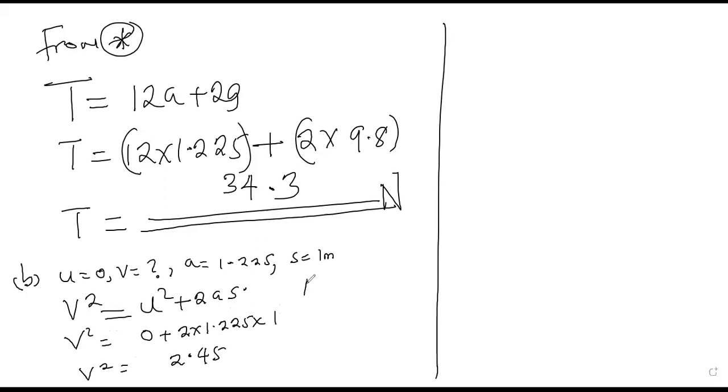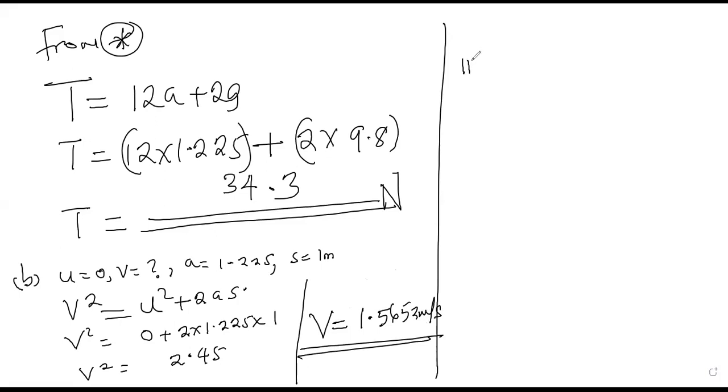By taking the square root, we shall get our velocity as 1.5652 meters per second. So this is the velocity with which the body hits the ground.